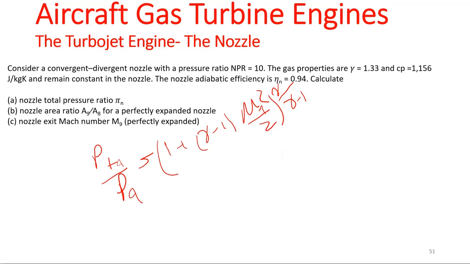Yeah, exactly, 10 times 0.83. Find the Mach number using that 8.335. That's the PT9 over P9.